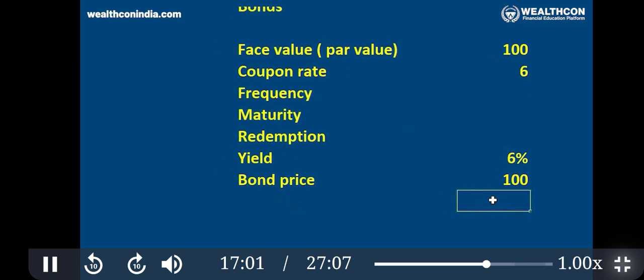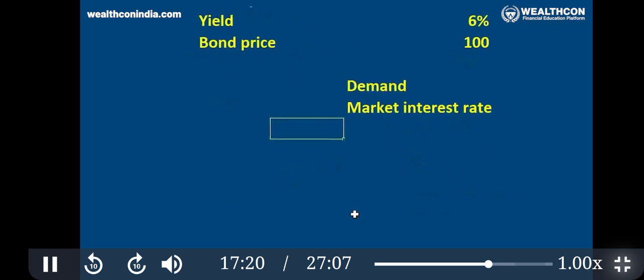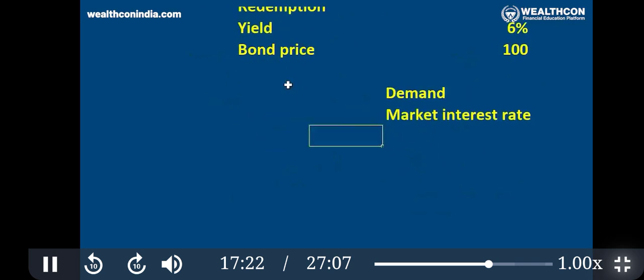And what are the reasons for the price going up and down? The demand and supply is always there. Everywhere, demand and supply is always the first. Thereafter, market interest rate decides the bond price.